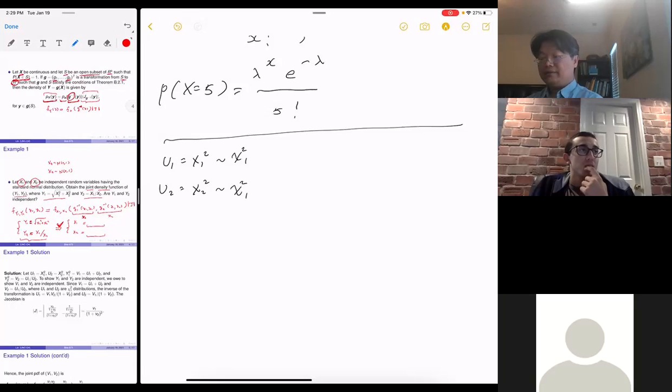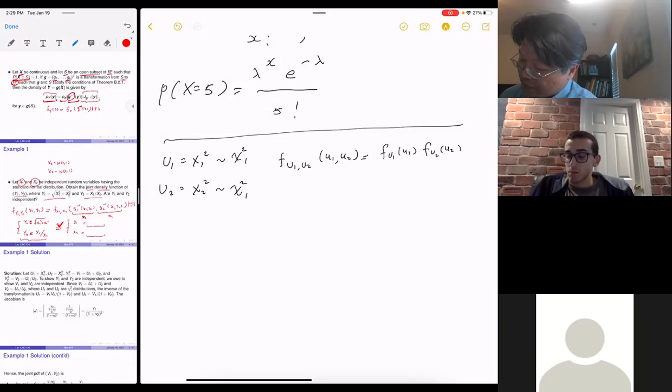That means I do know the joint PDF of u1 and u2. Although complicated, I can write it, because they are independent.